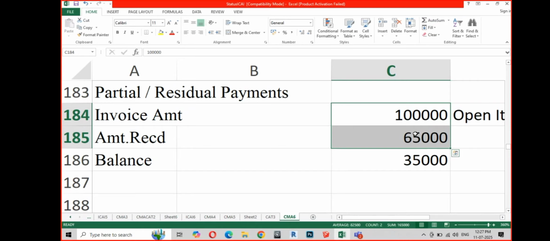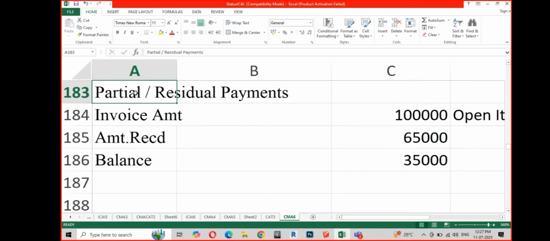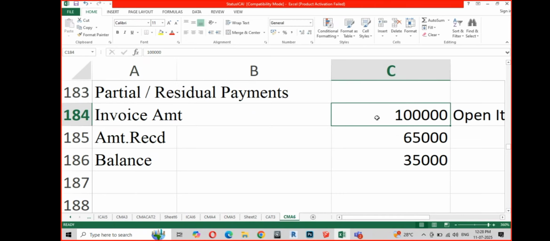Did you understand? But when the residual methodology is followed, you have two ways of paying in installments or receiving the money in installments. One is partial payment or partial receipts, the other one is residual. So when the end user follows residual payments, the original invoice, the original information is knocked off.